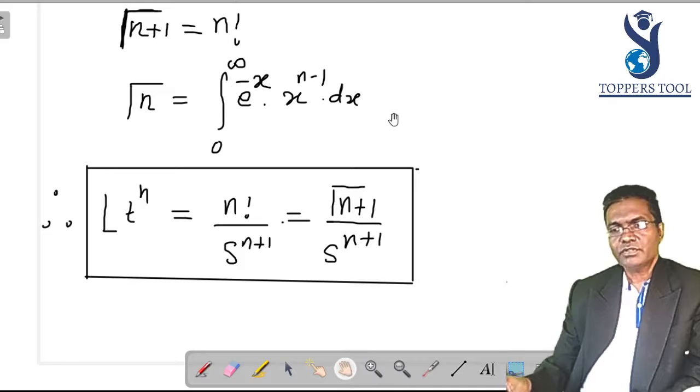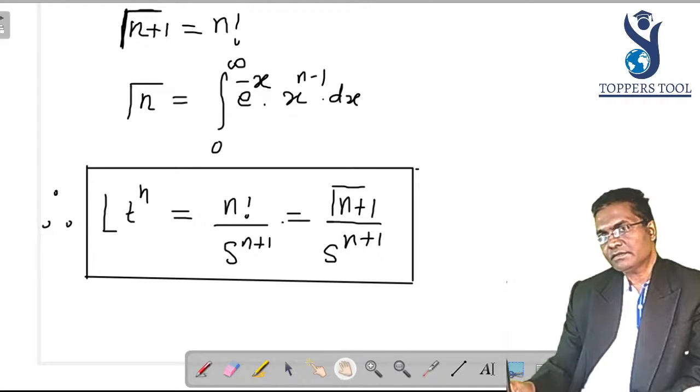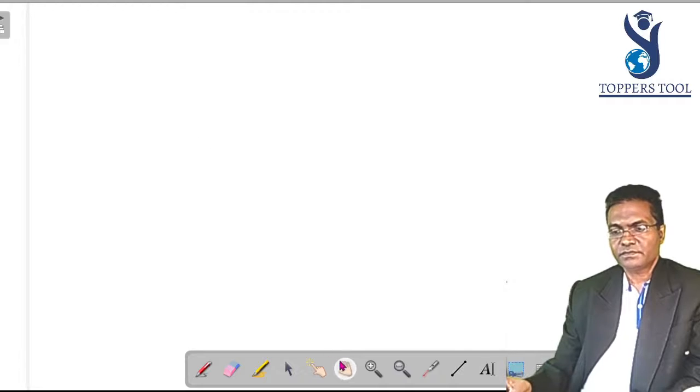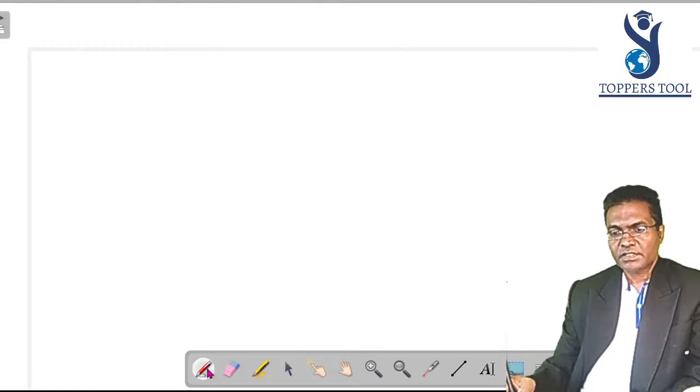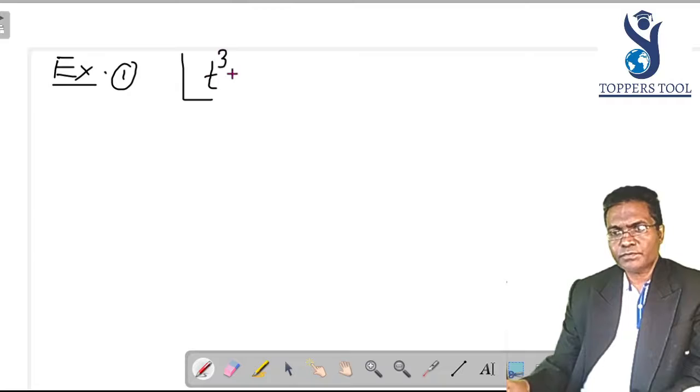When you do some examples, you will understand better. For example, L of t cube, the Laplace transform of t cube.